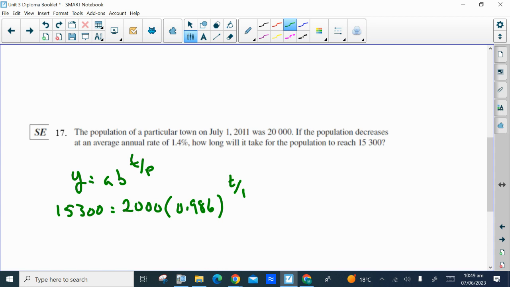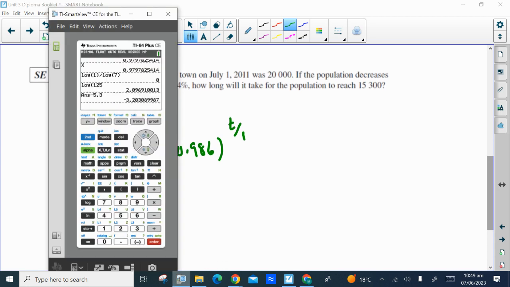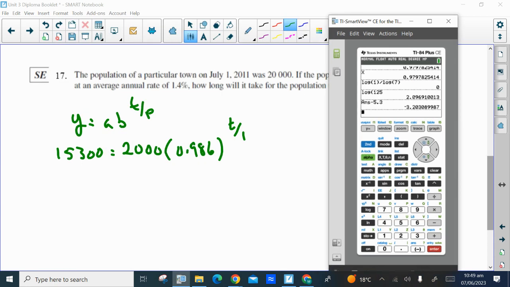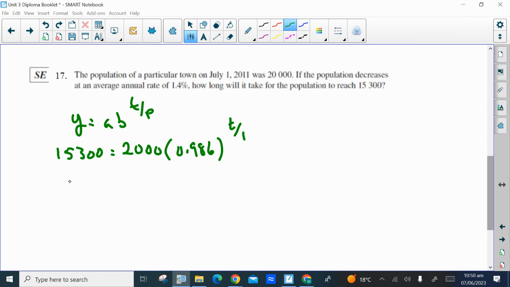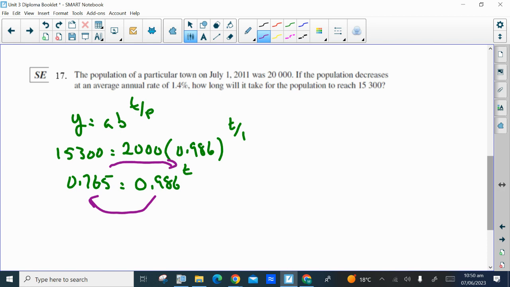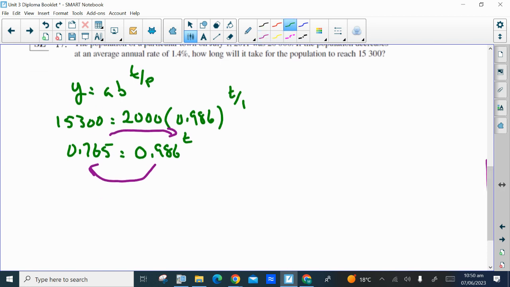And T divided by 1 is just T, and we need to solve for T. We would start that process by dividing both sides by the 20,000, which gives us 0.765. And that'll equal 0.986 to the power T. And then to solve for T, we will convert from exponential to logarithmic. We'll start with the base and cycle through.